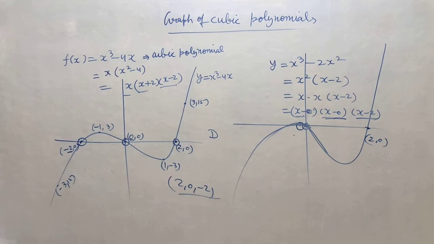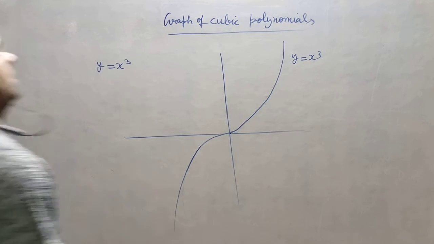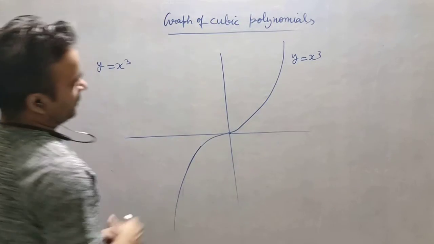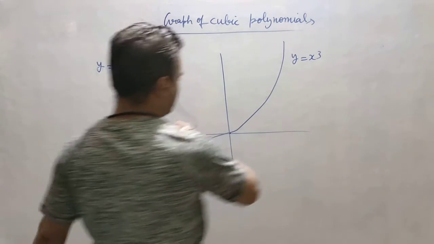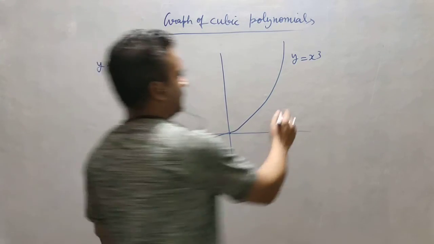This also has a very unique pattern, that is y is equal to x cube. So this is y is equal to x cube, and you can see what is the behavior of the graph, why it is like this. First of all, who will tell us? Factors, definitely.